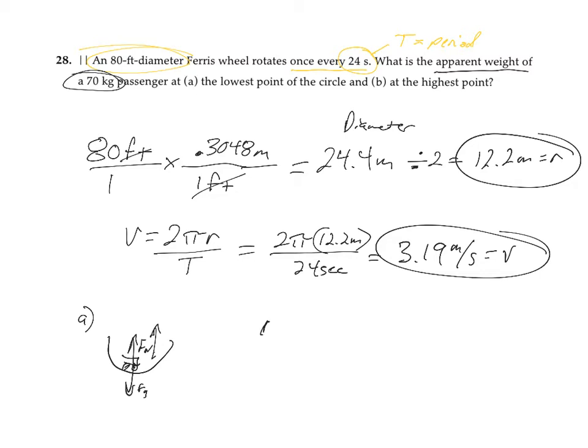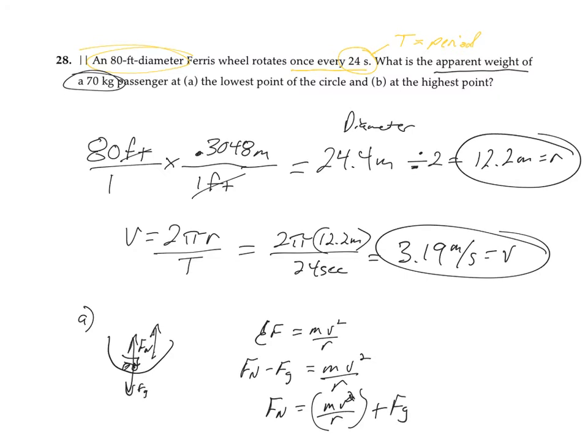So the sum of the forces in the direction it's accelerating is mv squared over r. Force normal is positive, force gravity is negative, equals mv squared over r. So basically force normal equals mv squared over r, then I have to add force gravity to that.